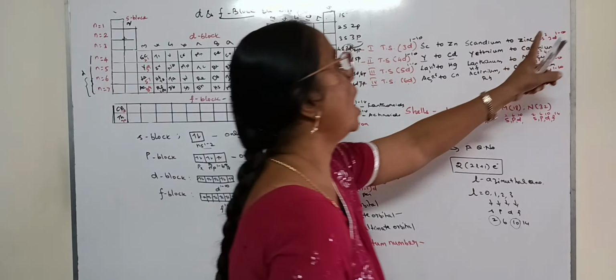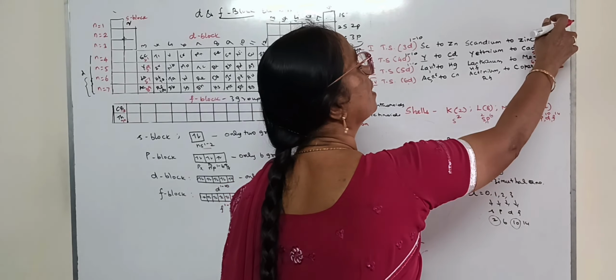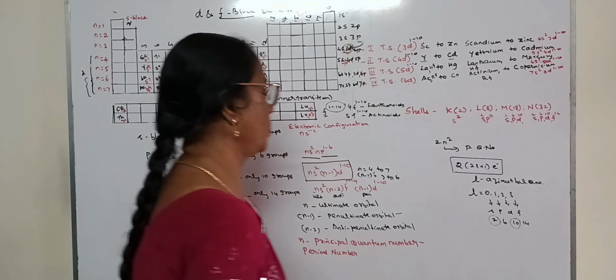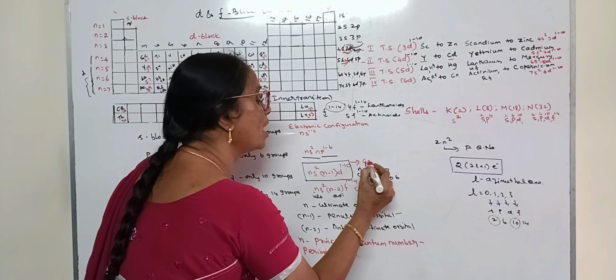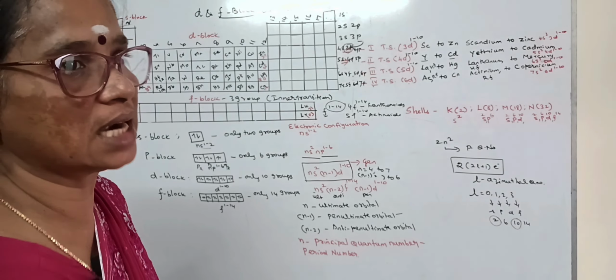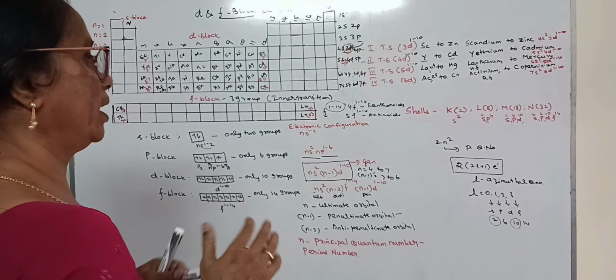These are the outermost electronic configurations of each period. But this is the general outer electronic configuration of D block elements.